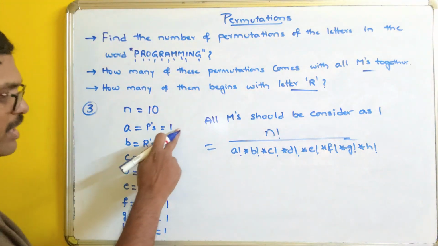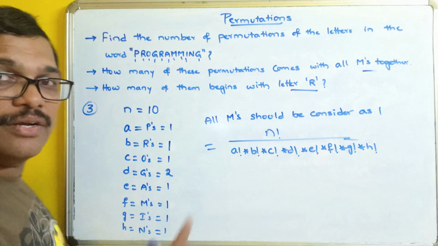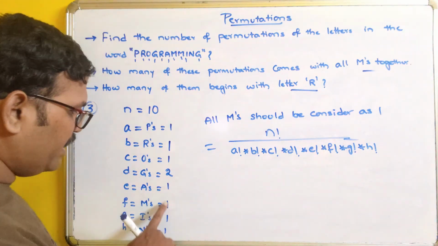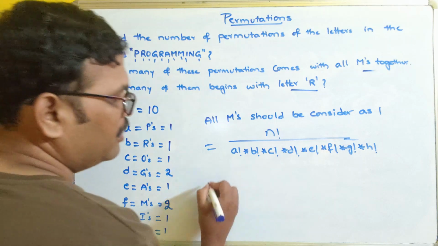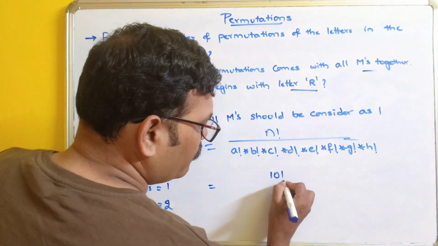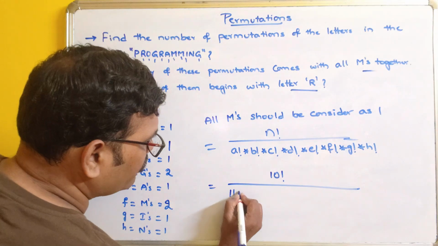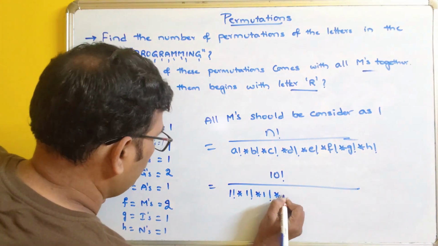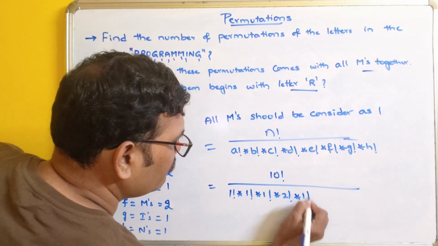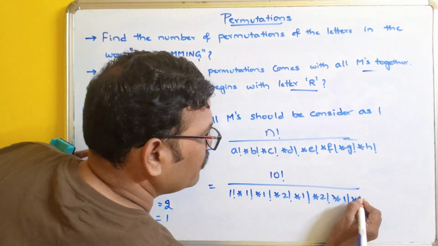Among the 10, R is only 1, because the first one is already fixed with R, and M there are 2. Now you can use the same formula. So 10 factorial divided by 1 factorial into 1 factorial into 1 factorial into 2 factorial into 1 factorial into 2 factorial into 1 factorial into 1 factorial.